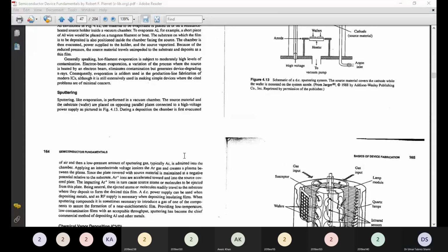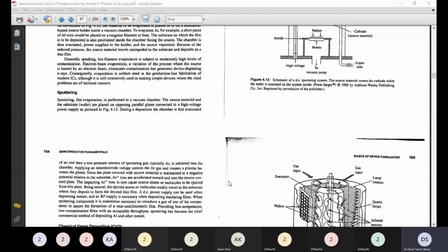Applying an inter-electrode voltage ionizes the argon gas and creates a plasma between the plates. Since the plate covered with source material is maintained at a negative potential relative to the substrate, argon ions, positive ions, are accelerated towards it. The argon ions in turn cause source atoms or molecules to be ejected from this plate.